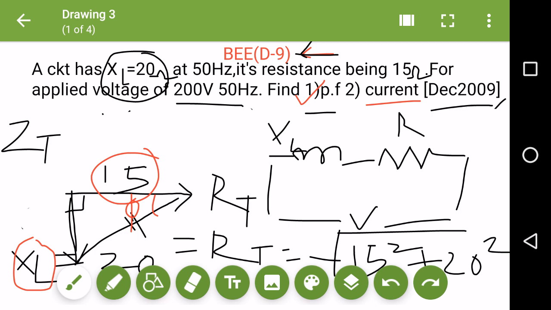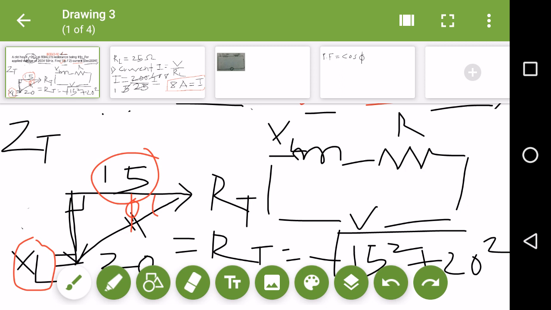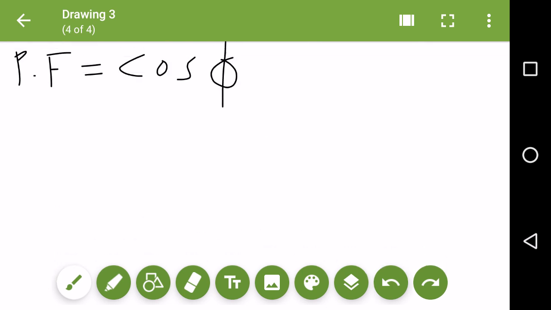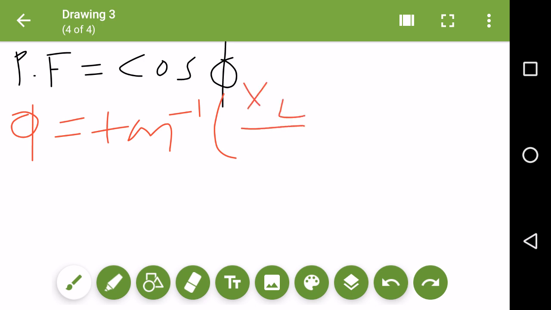The opposite is my inductive reactance, that is 20, and the adjacent is my resistance, that is 15. So I will do a simple calculation to find the value of phi, that is phi equals tan inverse of XL upon R.